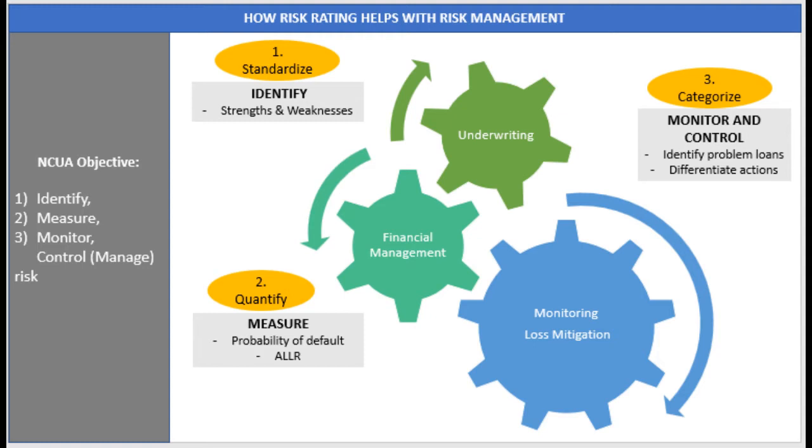Now let's look at how a risk rating system achieves these goals and helps with risk management. The answer is by standardizing, quantifying, and categorizing risk. First, it standardizes risk assessment so we can identify the strengths and weaknesses of the deals consistently during underwriting and monitoring.